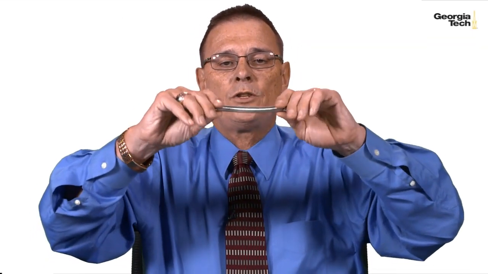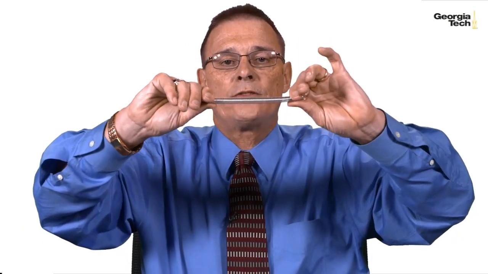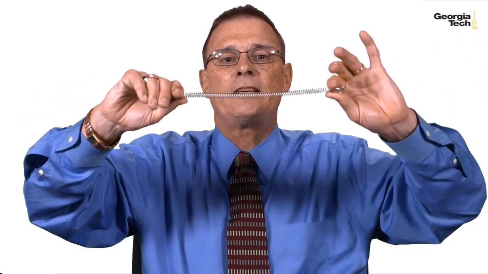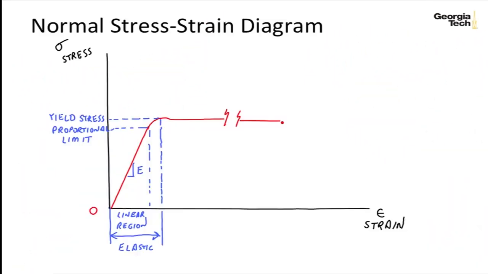And in fact, if I go back to my spring here, once I get beyond the yield stress and I continue to get strain with very little additional force, you can see that I just start to plastic out, and so it just becomes perfectly plastic. And so let's draw that. So this is the perfectly plastic yielding.